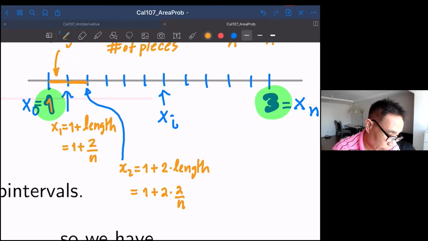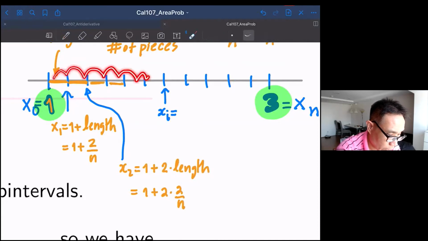How about xi? If you'd like to have xi, so xi will be here. What does it mean to be xi? Xi means you're going to have i steps. So you're going to go 1, 2, 3, 4, 5, something like this until this step.